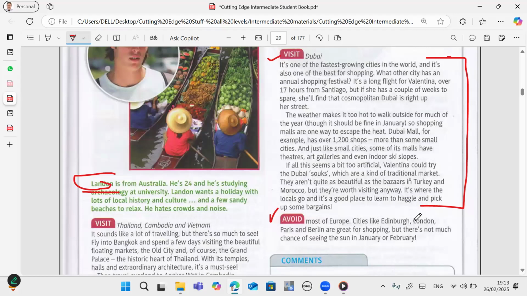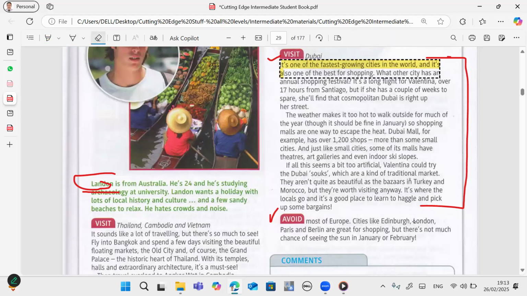Finish reading? Not yet, teacher. One of the most fast growing cities, one of the best for shopping.